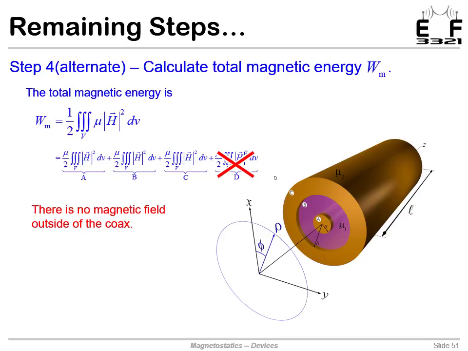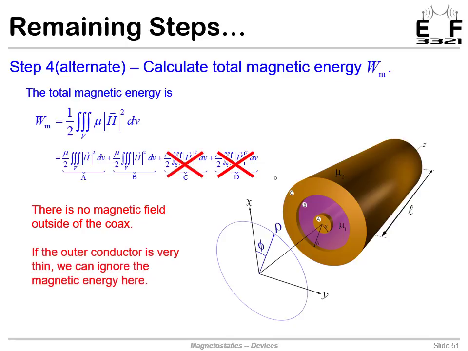And we already know by the time the magnetic field reaches the outer conductor, it's already pretty small. And so if that outer conductor is rather thin, it also becomes negligible compared to the other terms. So in fact, we really only have to proceed with these first 2 terms to calculate a pretty good estimate of the total magnetic energy.